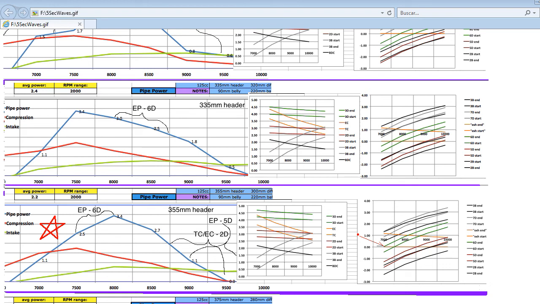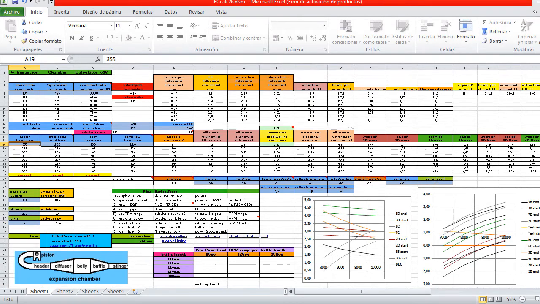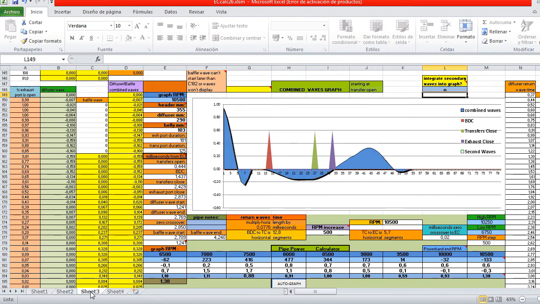And then on sheet 3, it's interesting to note, just looking at the green graph, where the secondary waves are, how it's affecting the primary waves.